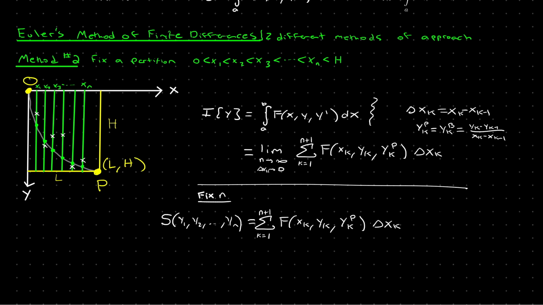And just like before, geometrically, this is corresponding to finding the best piecewise linear approximation to the solution of our optimization problem. This piecewise approximation drawn here is probably not a very good one because it's moving very far away from the optimal curve. But this is the idea. Instead of fixing y, we're fixing x in method 2.